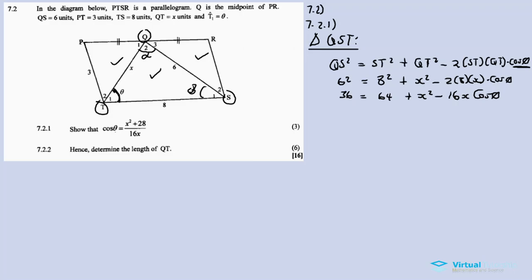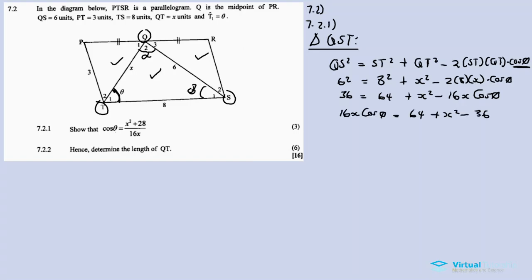Now what I want to do is make cos theta the subject of the formula. So this minus 16x cos theta, we transpose to the left hand side, and this 36 to the right hand side.